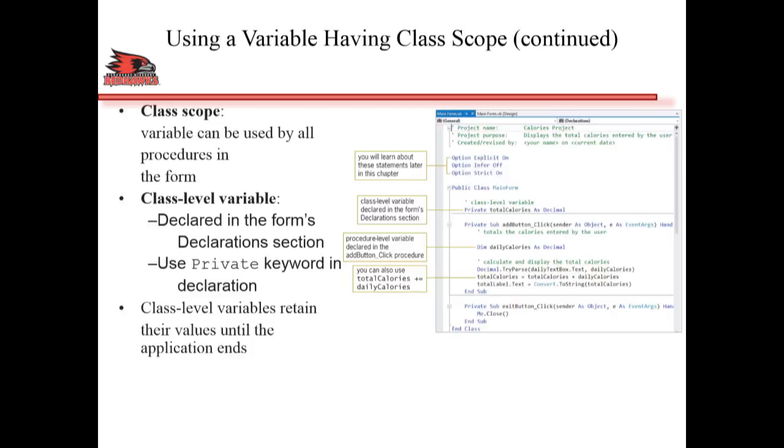On the other hand, in the first private subsection you see dim daily calories, so that's a procedure level variable, and once the procedure ends the variable is not there anymore, it doesn't exist. So for class level variables you need to have private at the start of the line, and for procedure level variables you use dim.